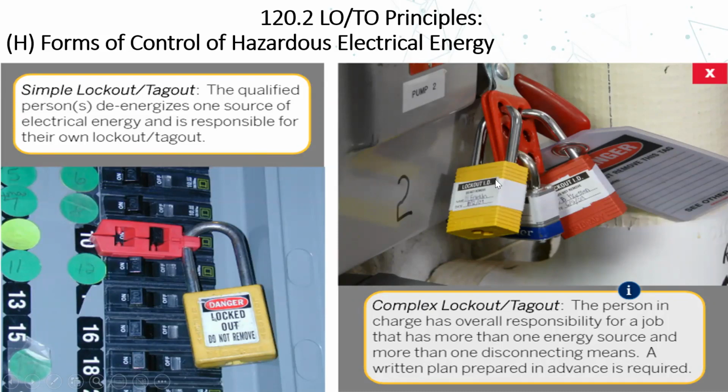For the complex lockout and tagout, there are multiple sources of energy. The person in charge has the overall responsibility for a job that has more than one energy source and more than one disconnecting means. So if I need to establish an electrically safe work condition for that same substation, but that same substation is being fed from multiple sources, then it is going to fall under the complex lockout and tagout.